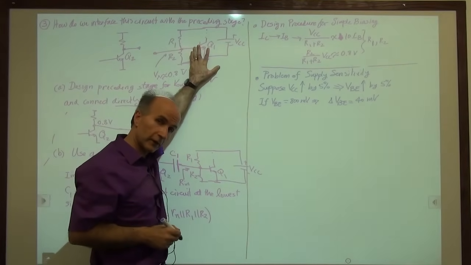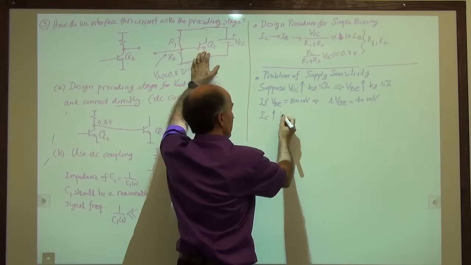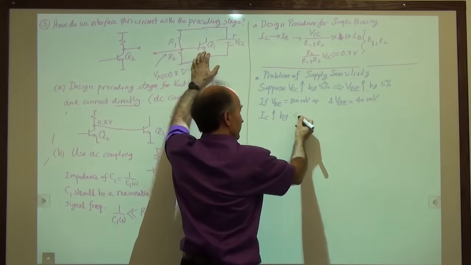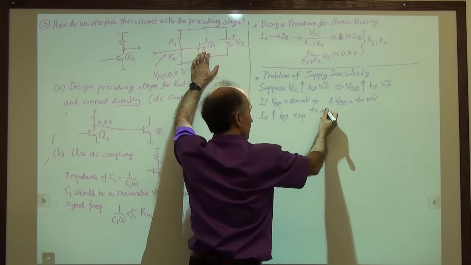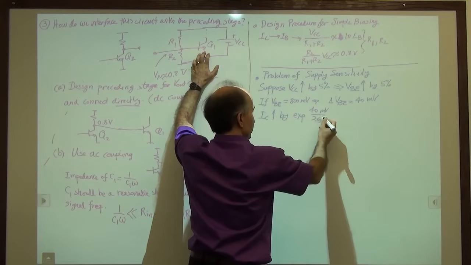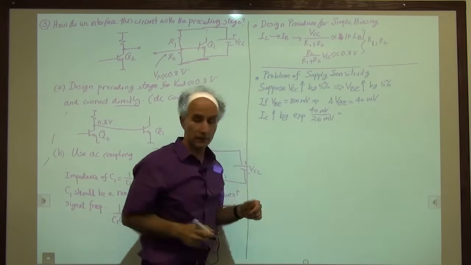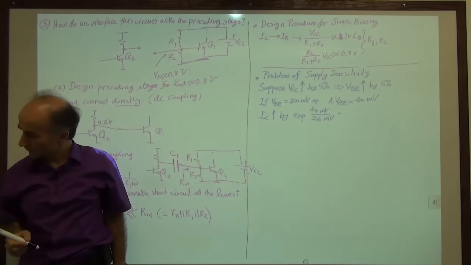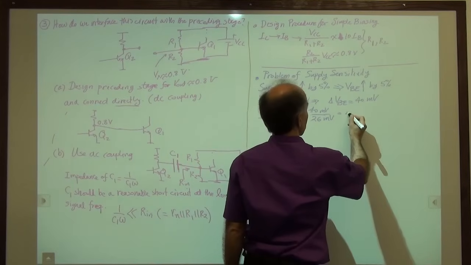What happens to the collector current? So IC goes up by exp of 40 millivolts divided by 26 millivolts. And how much is that? That amounts to 4.65.